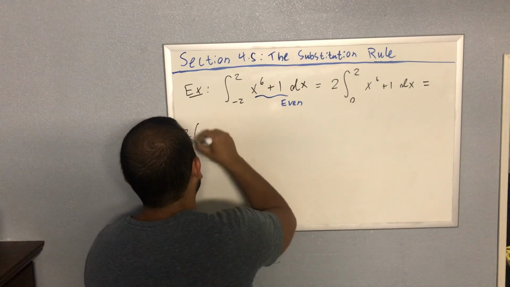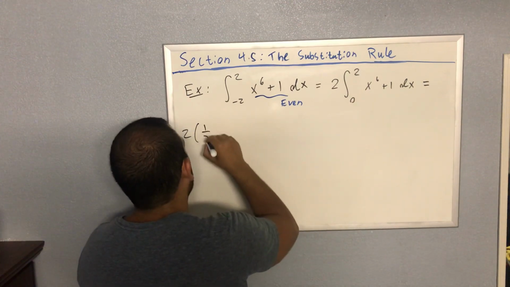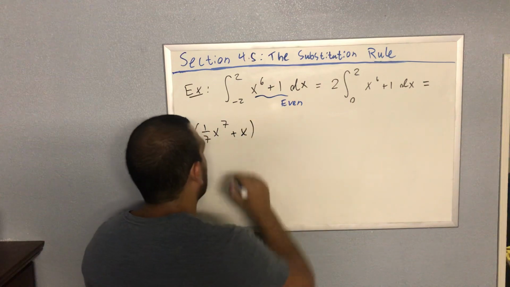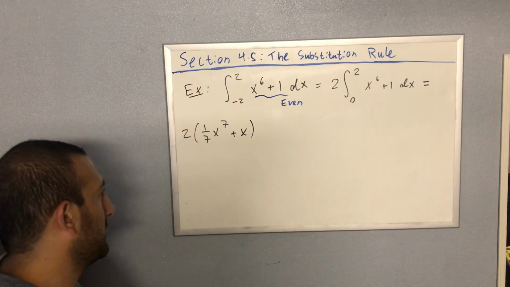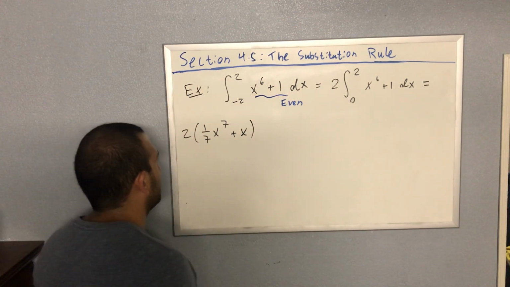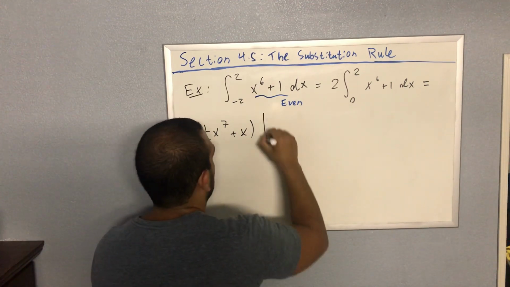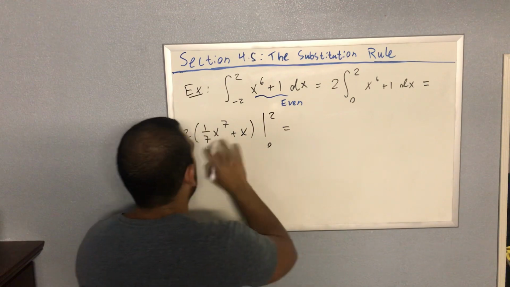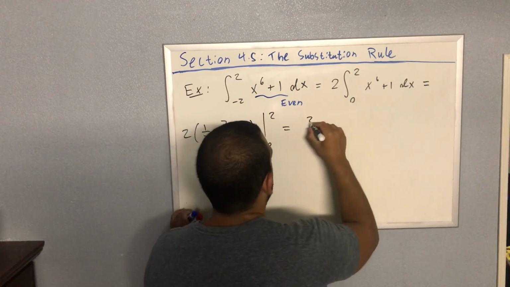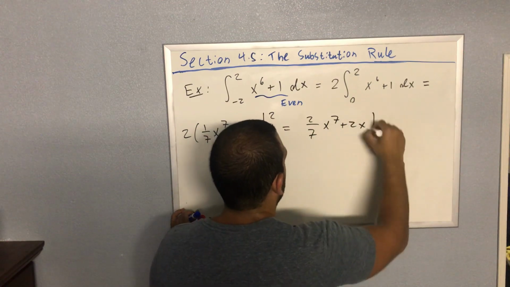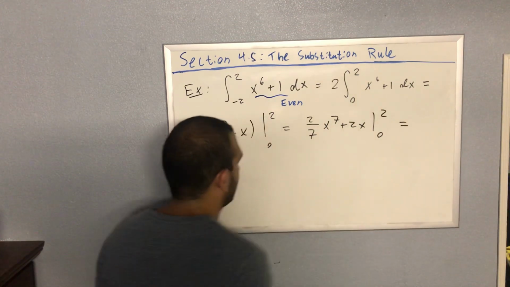So this is 2 times, this integral is 1/7 x to the 7th, and then this just becomes x, right? If you want, you can distribute the 2. If you distribute the 2, this is valued from 0 to 2. This becomes now 2/7 x to the 7th plus 2x from 0 to 2.